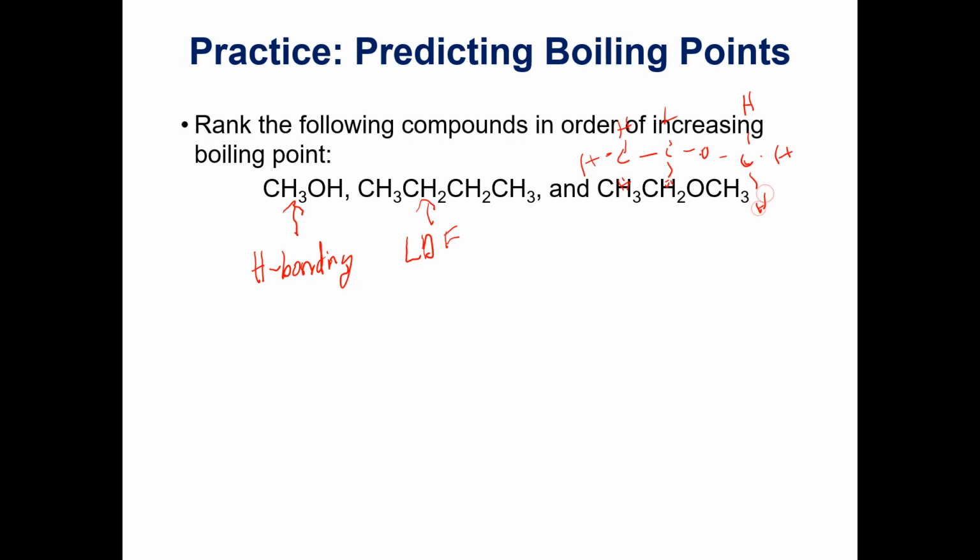What you should notice in the drawing is that the oxygen is not directly bound to hydrogen, which means that we're not going to have hydrogen bonding in this molecule. But oxygen is more electronegative than the carbons or hydrogens, which is going to make this a polar molecule, which means that we're going to have dipole-dipole forces.